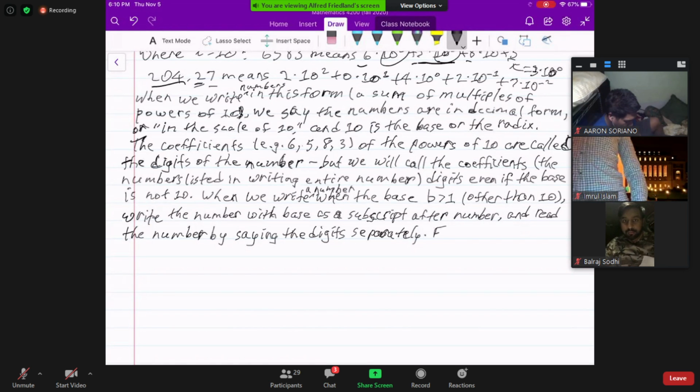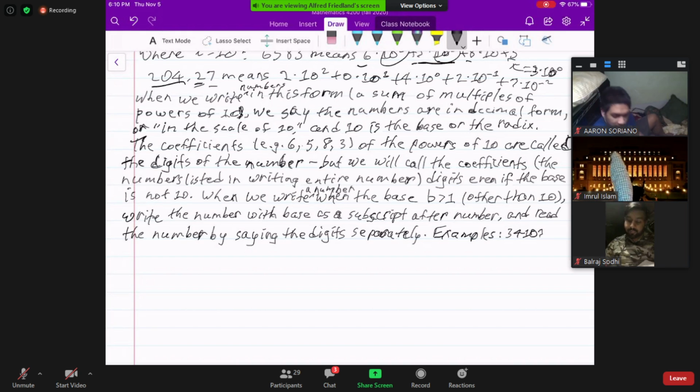So for instance, if this is a number in base 5, and we'll talk more about that, instead of the 10s that we have at the top, we'll have powers of 5.